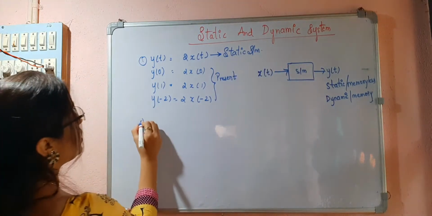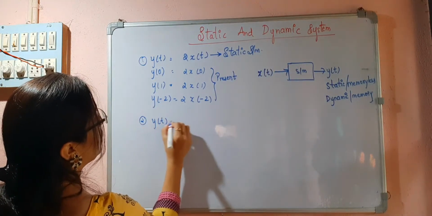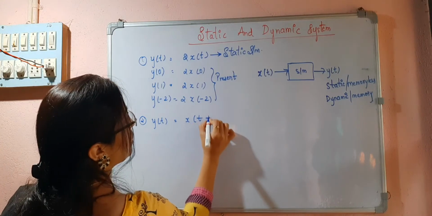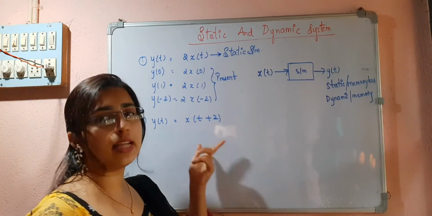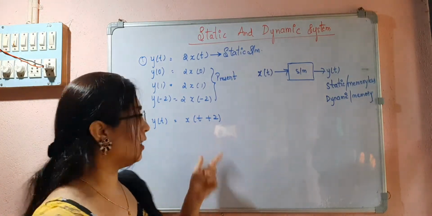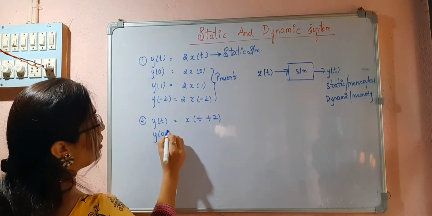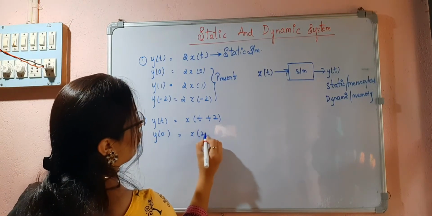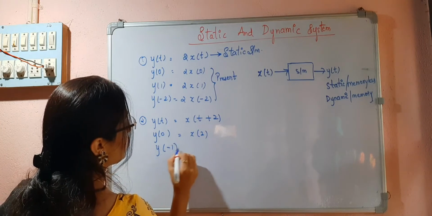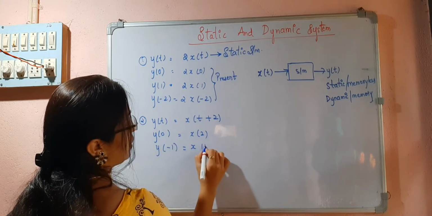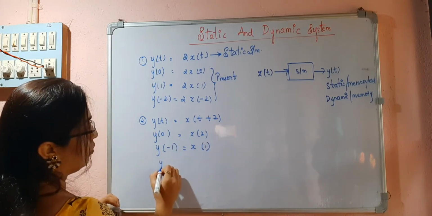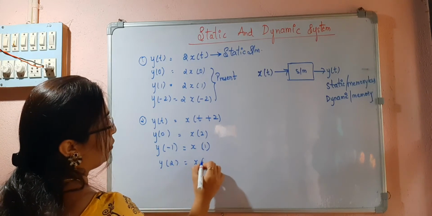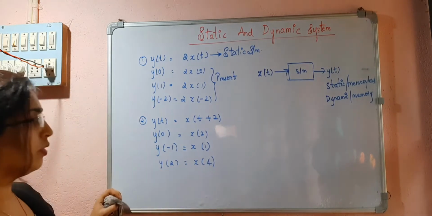And the next one, y of t is equal to x of t plus 2. This is nothing but the advanced version of the signal. So y of 0 is equal to x of 2. y of minus 1 is equal to x of 1. y of 2 is equal to x of 4.